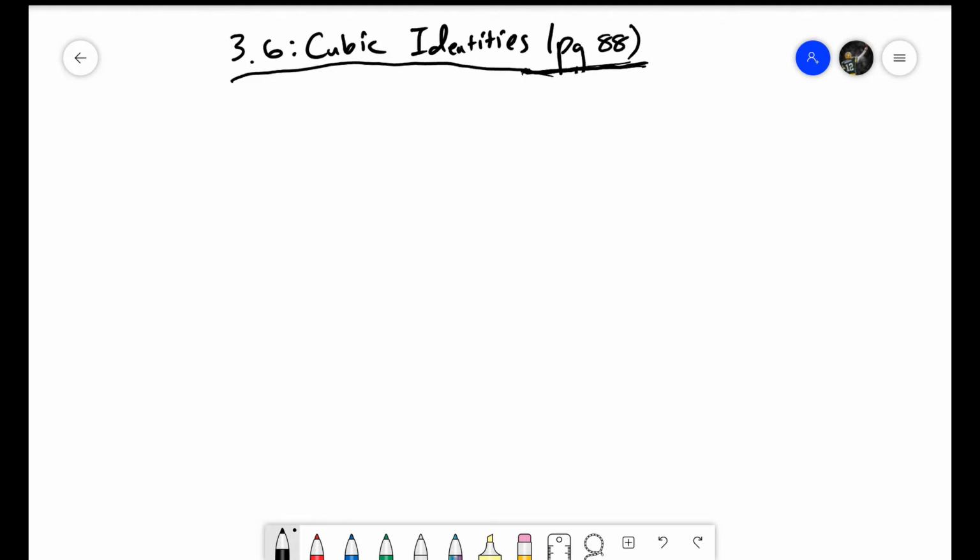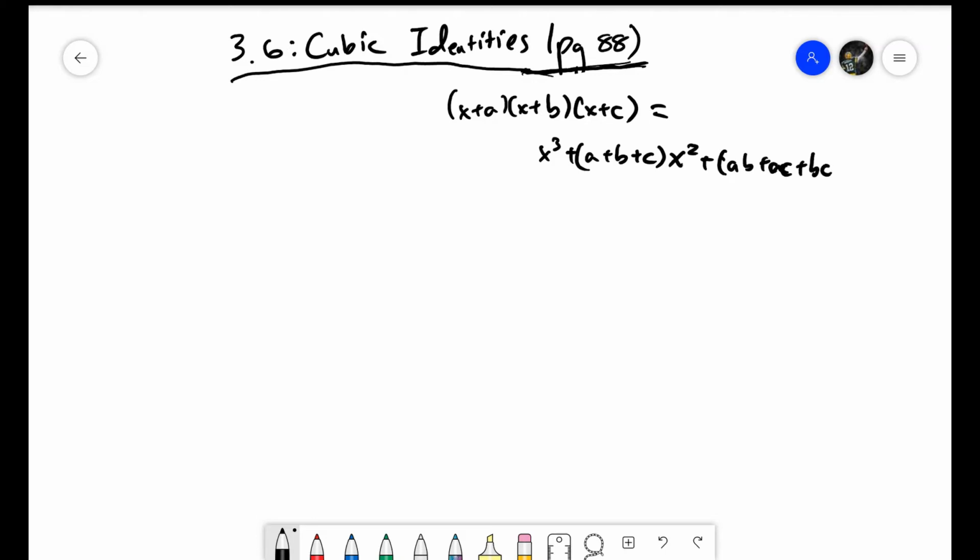The final problem will have to do with the identity x plus a times x plus b times x plus c equals x cubed plus a plus b plus c times x squared plus ab plus ac plus bc times x plus abc. That is to expand x plus 3 times x plus 5 times x plus 2.